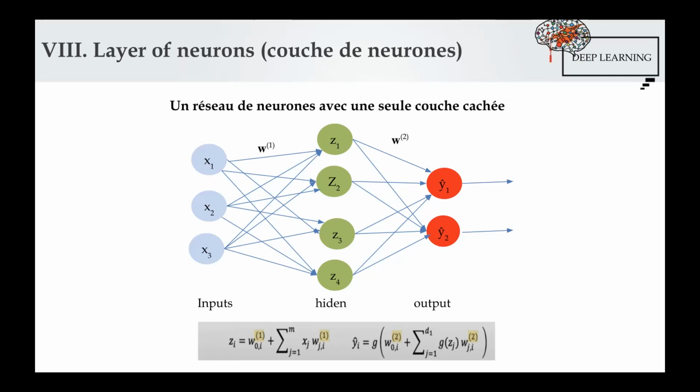Ces valeurs de sortie vont devenir les valeurs d'entrée de la couche qui suit, la couche de sortie. On va calculer les valeurs et ici on a notre sortie. C'est comme ça que fonctionne le forward, c'est aussi simple que ça. Comme je le rappelle, il ne faut pas avoir peur de ces formules, c'est compréhensible.